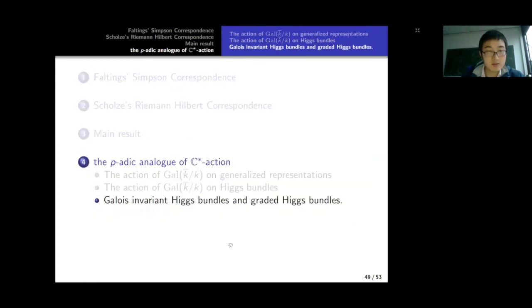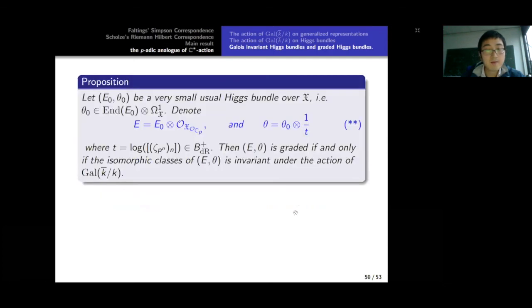Next, I want to talk about the relation between the Galois invariant Higgs bundle and the graded Higgs bundle. Let (E0, theta 0) be a very small Higgs bundle over X. This Higgs bundle means the Higgs field is an endomorphism of E0 with values in omega, without the multiple of Kc inverse.